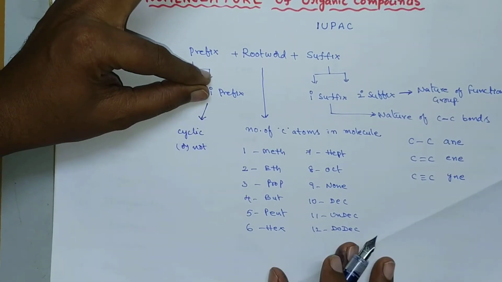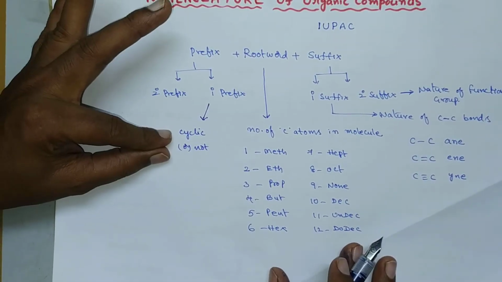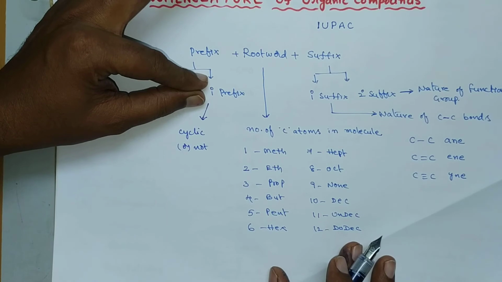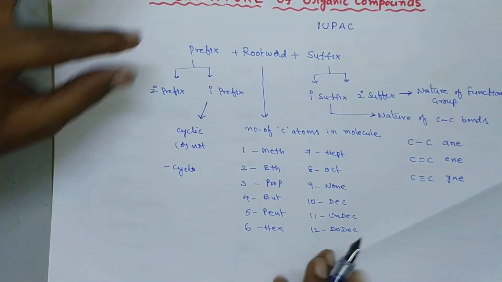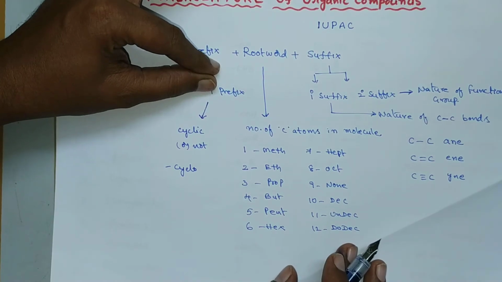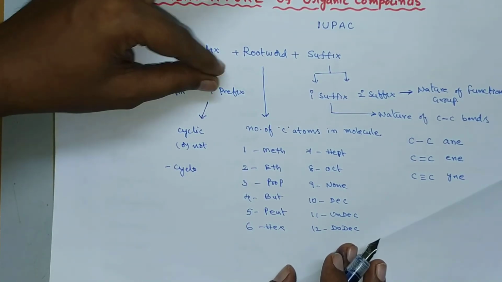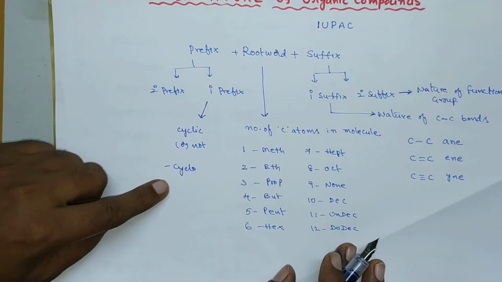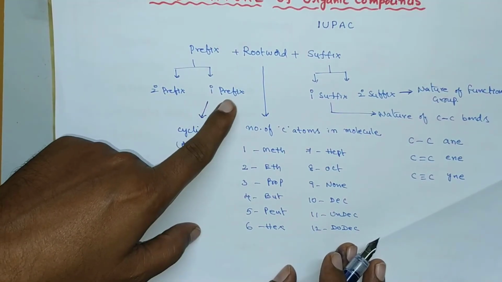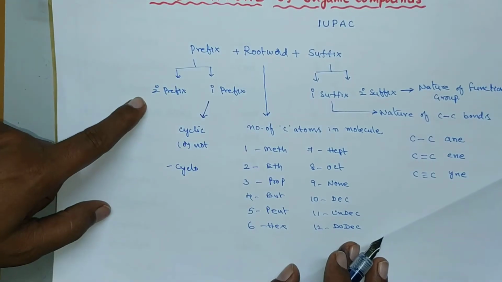This primary prefix indicates whether the given compound is cyclic or not. If the given compound is a cyclic compound, then we have to write "cyclo" at the place of the primary prefix. After fixing this primary prefix, we have to go for the secondary prefix.